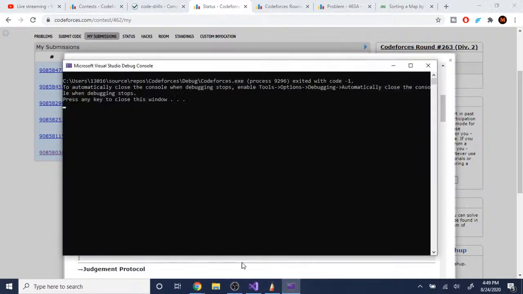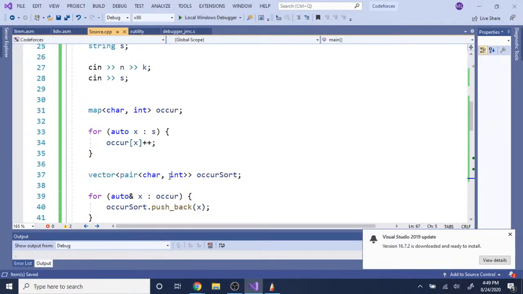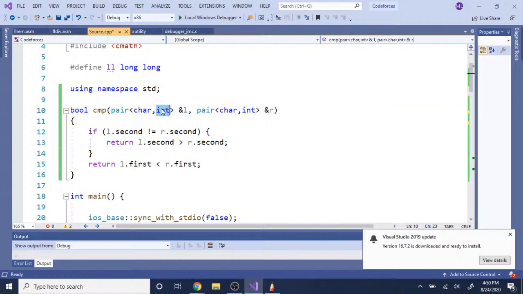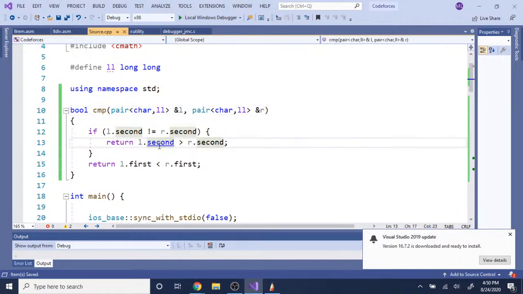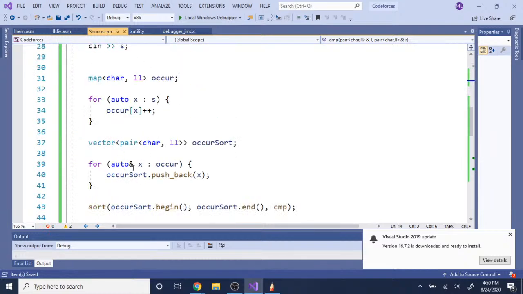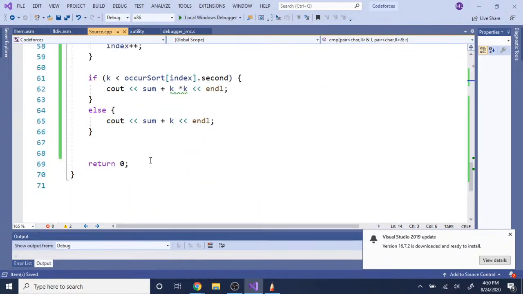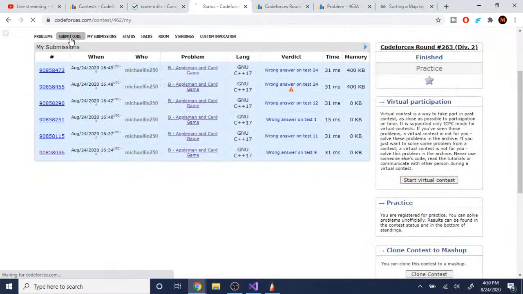Okay, wow, that's annoying. So I have to do long for int also. Okay, this I have to do long. This I have to do long. This I have to do long. Long. Okay. Now it should work.